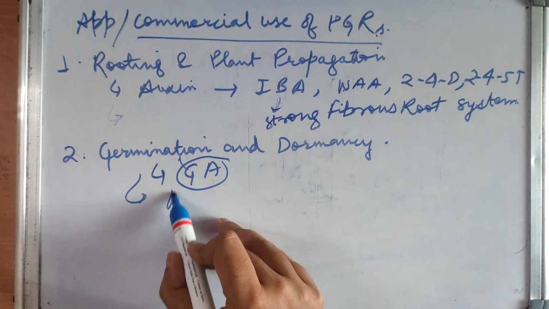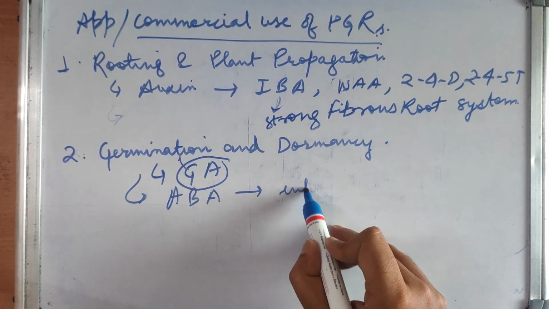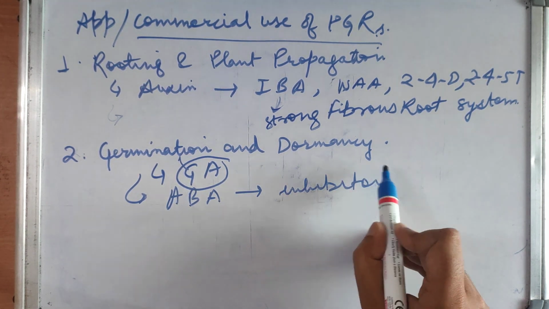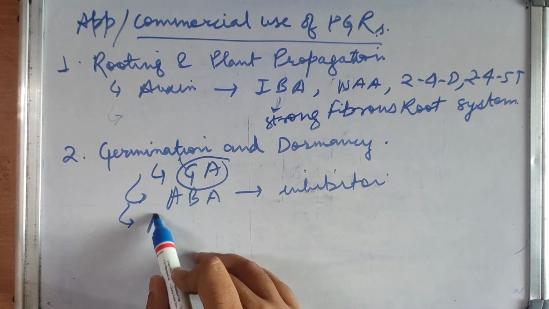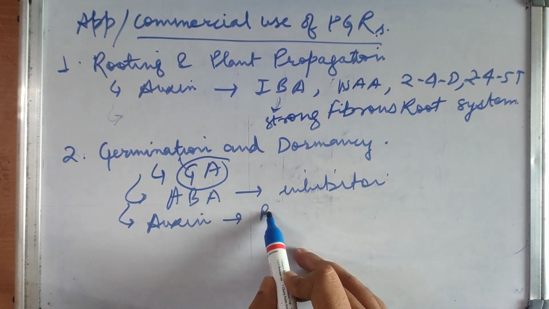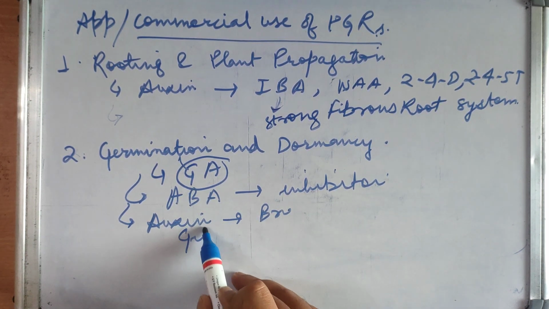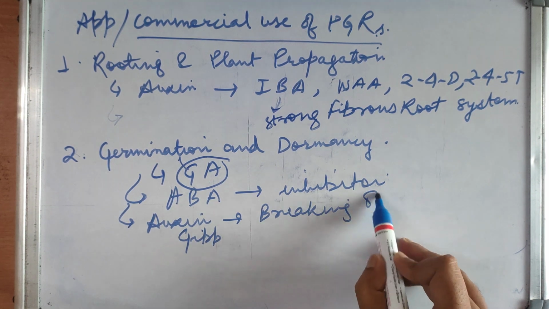ABA, that is abscisic acid, is a germination inhibitor, that is, it stops or reduces germination. Auxin is helpful in breaking of dormancy. Gibberellin is also helpful in breaking of dormancy.